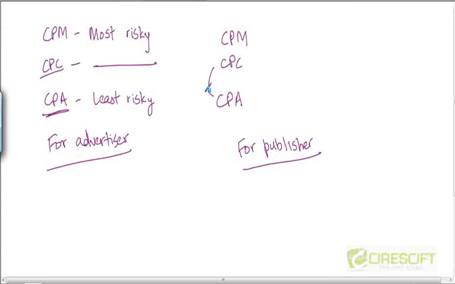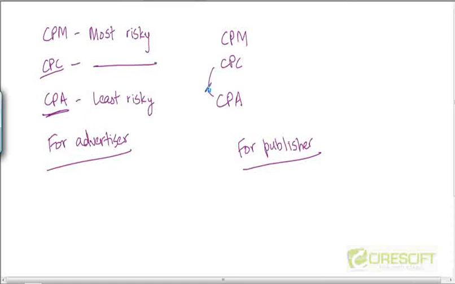Because as a publisher, I'm publishing the advertisement on my page and I'm getting the money, but it's not always that a person who is clicking will buy it at the end of the day. Okay, but your reasoning is pointing to CPA as the most risky, right?